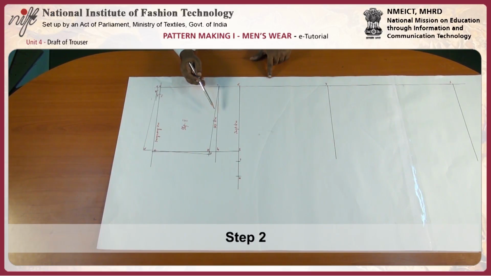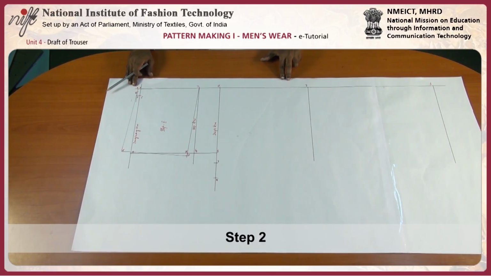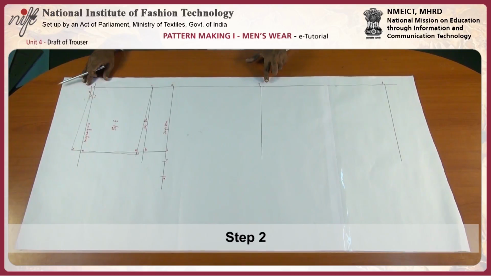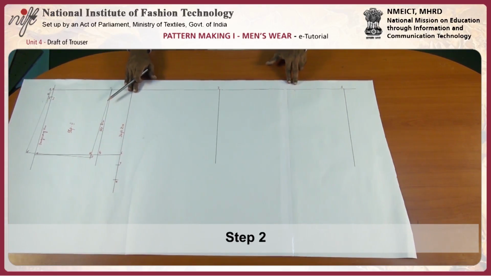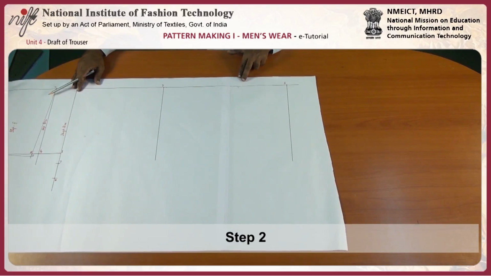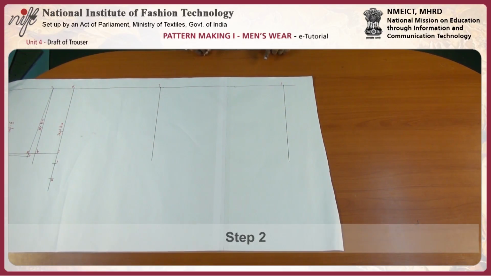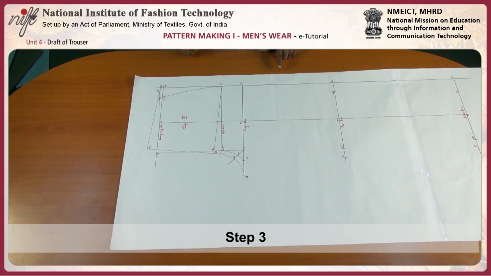Hip measurement, which is across measurement, thigh measurement and waist measurement, along with the knee line and bottom line. Further to third step, we have shaping of crotch lines, which is a front rise and back rise, along with waist arc and side seams.